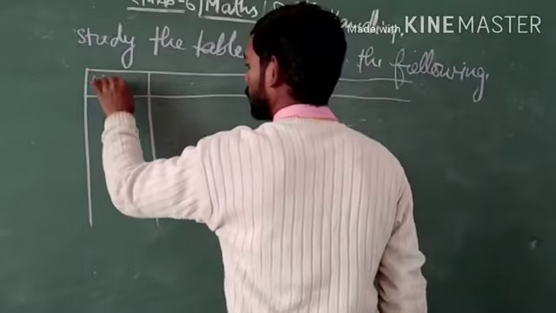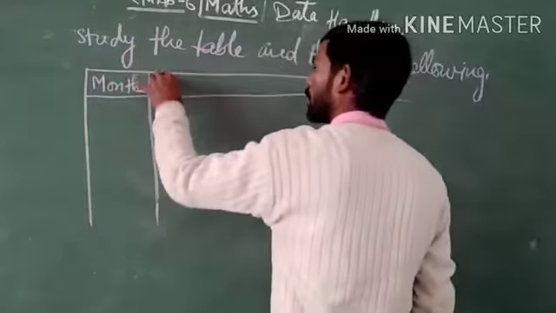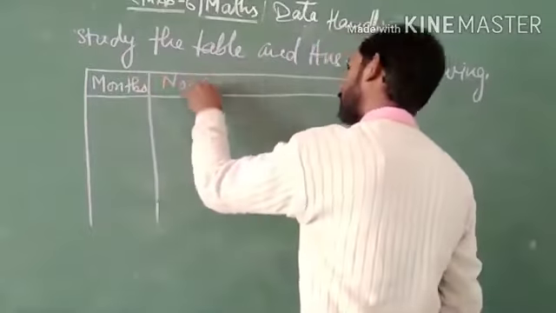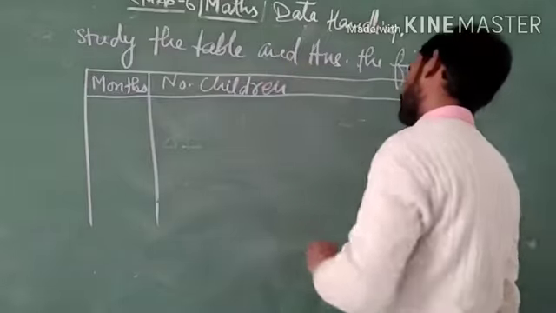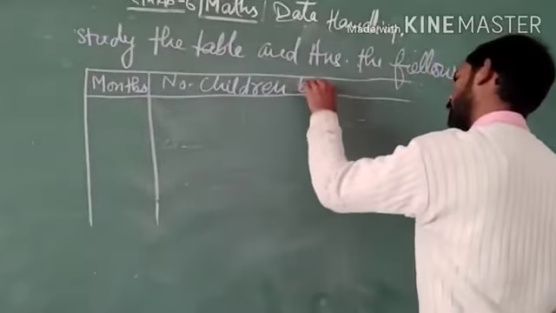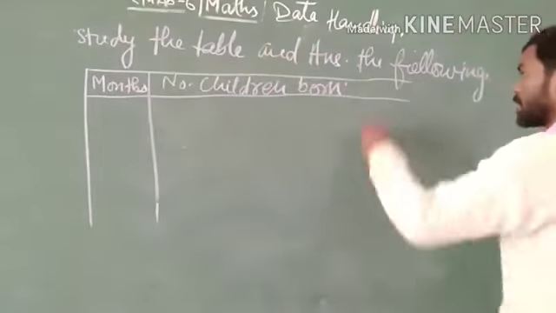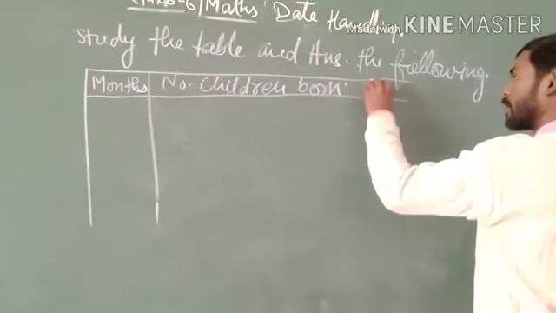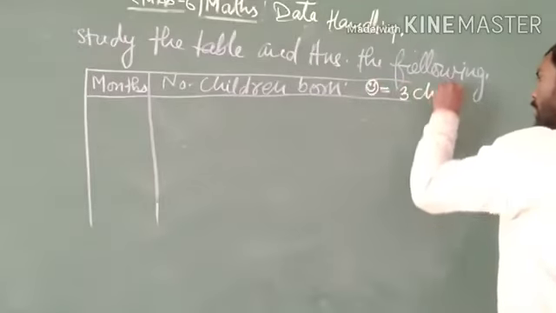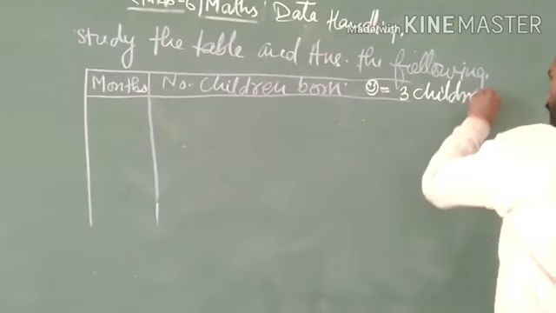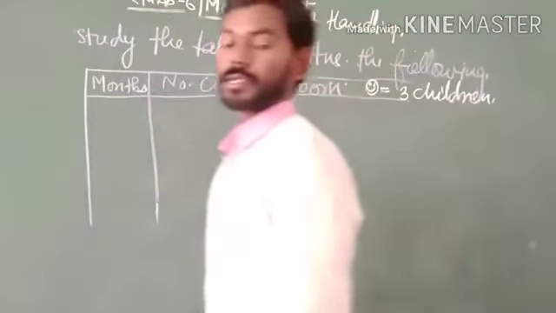Month, number of children born, and the scale is given. One smiley is equal to 3 children. Okay, one smiley is equal to 3 children.